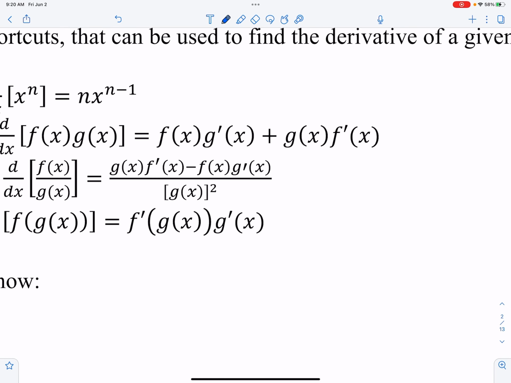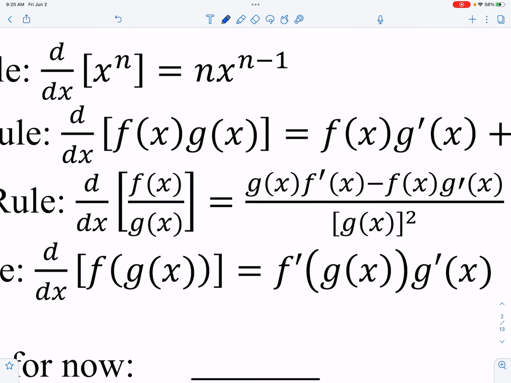In this notation, this says you're taking the derivative of whatever's inside the grouping symbol here with respect to x. Right? So derivative with respect to the independent variable.